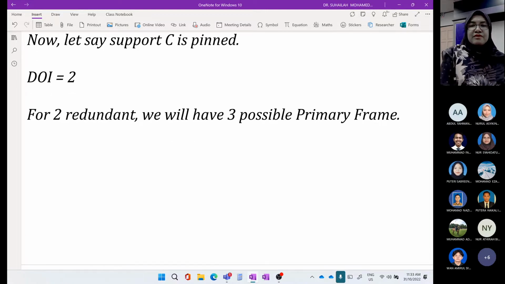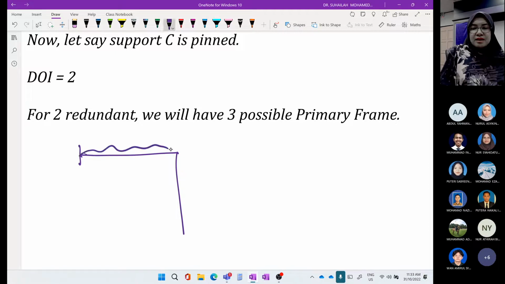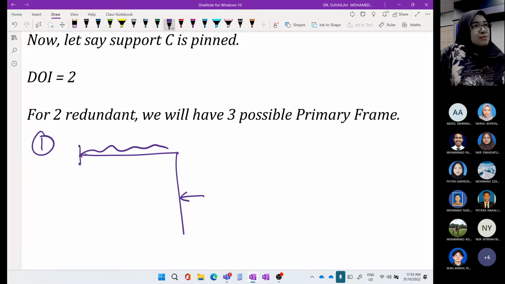Possibility number 1 is when we remain fixed. We remove pin. Pin ni we remove. Jadi ada UDL tadi and point load. So this will be the first possible primary frame. Because in one determinate frame, we must have 3 unknown reaction, kan? Okay, this is possibility number 1.